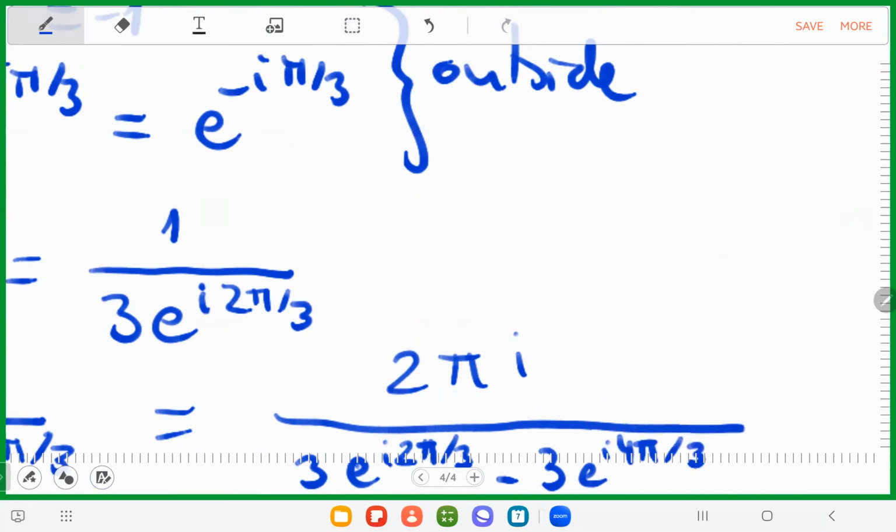Well, we just need to notice that, okay, let's write it here. In this type of thing, we have the sum or the difference of exponentials. We need to find a way to convert that into a sine or hyperbolic sine or cosine or whatever.